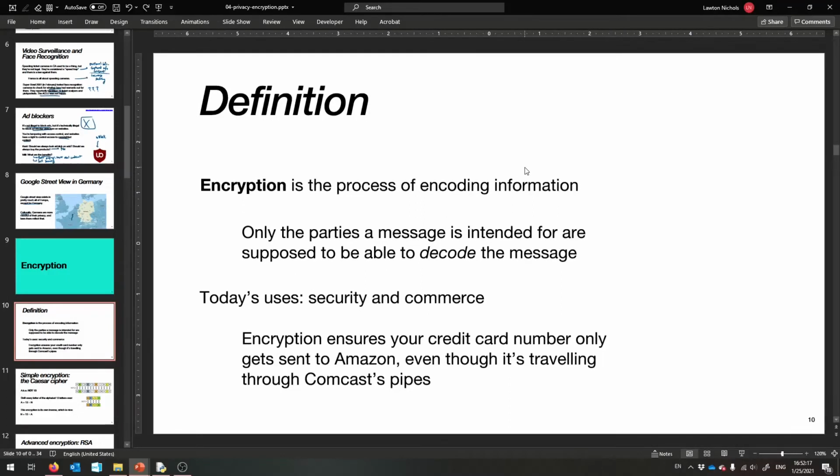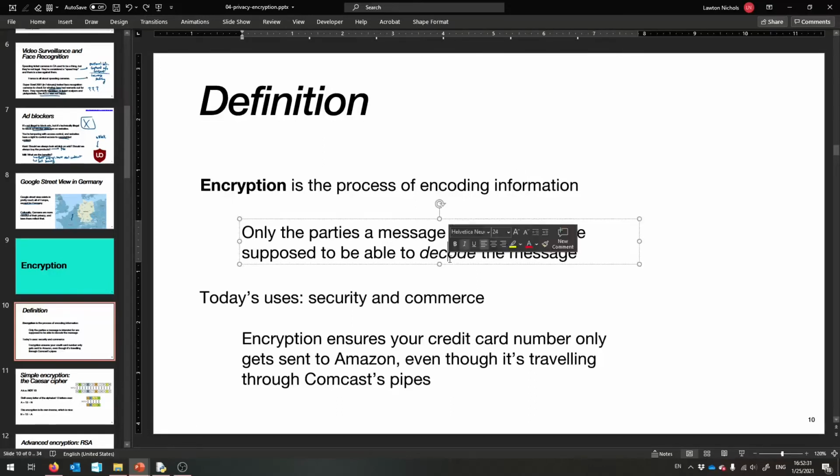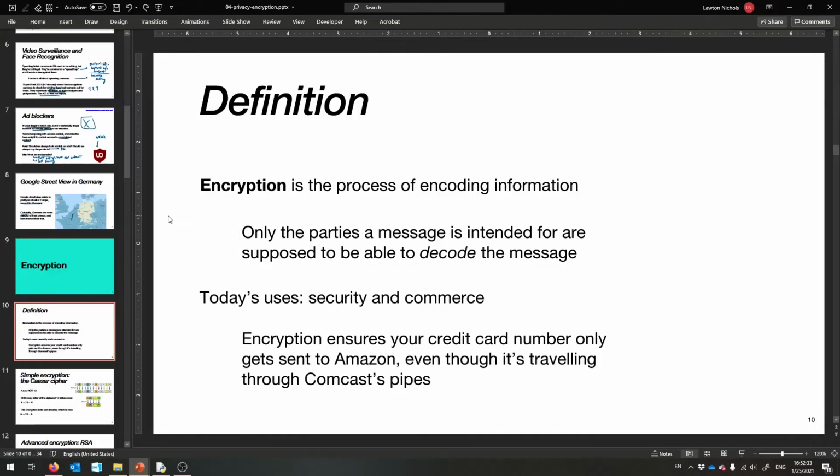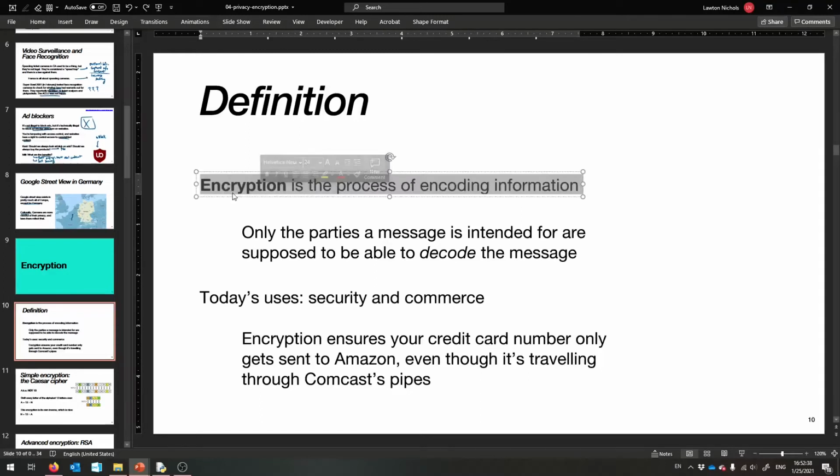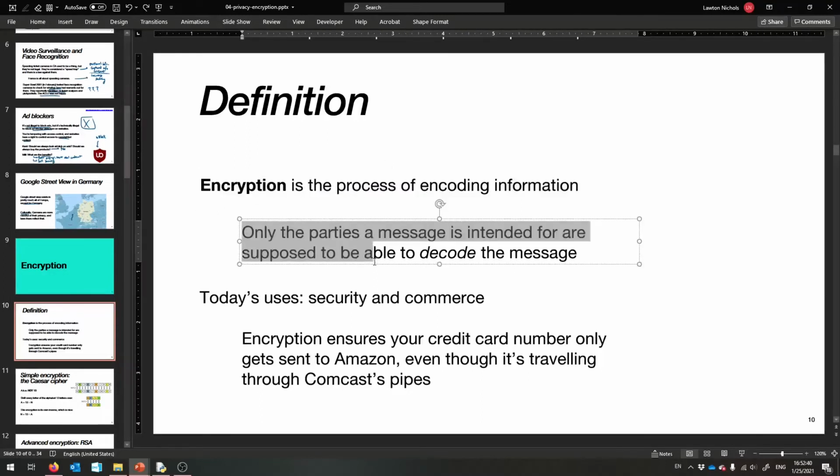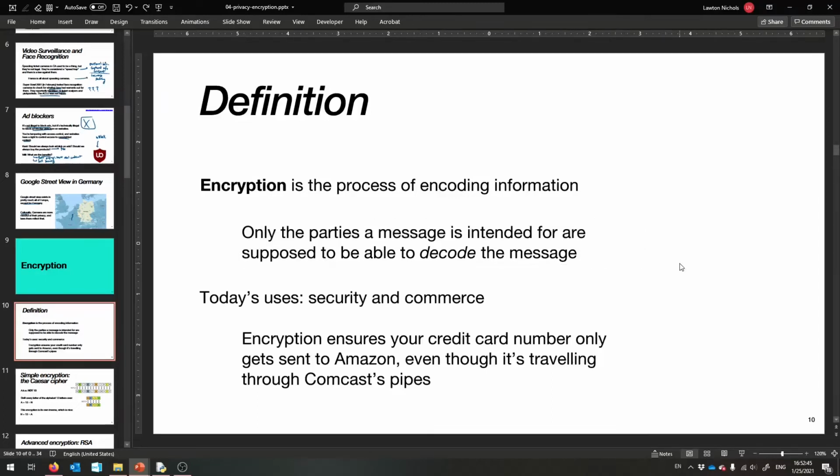It's just garbling some message up, so that only you and the receiver can decode that message and understand what you're actually saying. So even if you announce your message to the world, if it was encrypted, only the parties that were intended to receive it are able to decode that message and actually understand you. Otherwise, it would just look like a garbled mess.